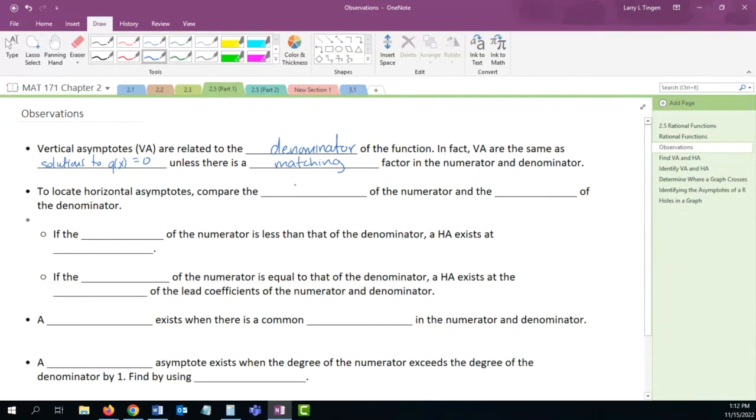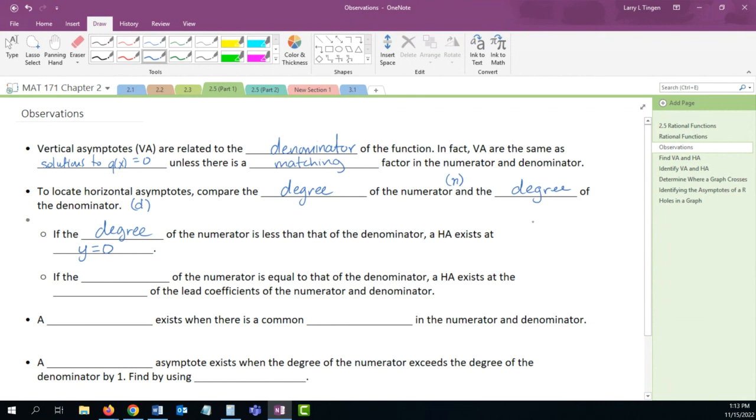How about horizontal asymptotes? I need to compare the degree of the numerator, which we're calling n, and the degree of the denominator, which we have called d. If the degree of the numerator is less than that of the denominator, a horizontal asymptote exists at y equals 0.